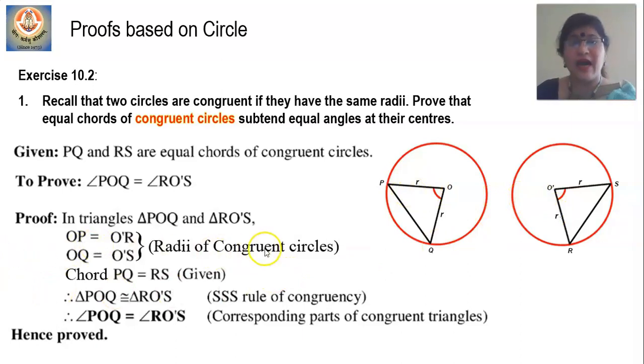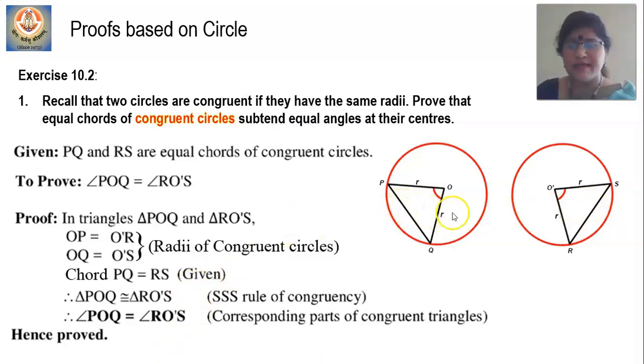Okay. Take the other radii, that is OQ and O dash S. These two are also congruent because they are the radii of congruent circles. What is remaining? They have mentioned that chord PQ and chord RS are congruent. So if PQ and RS are congruent, you have to mention that under given.